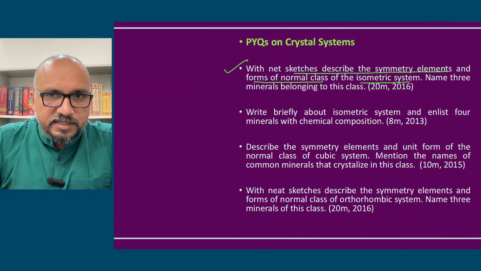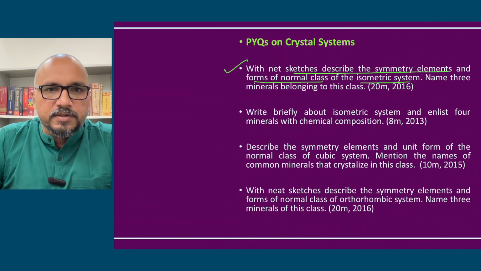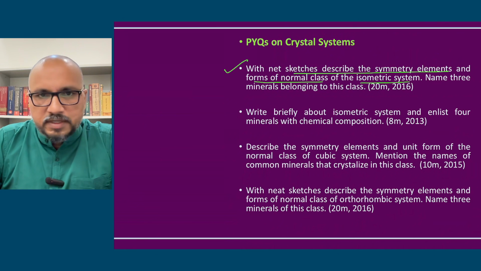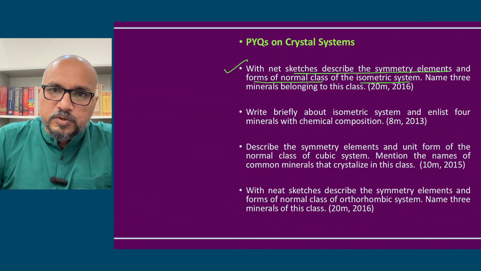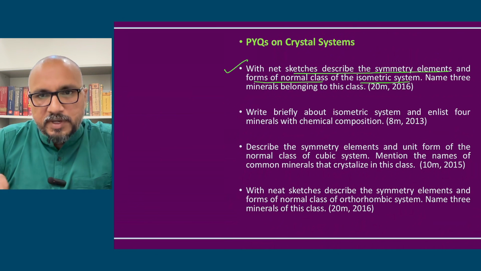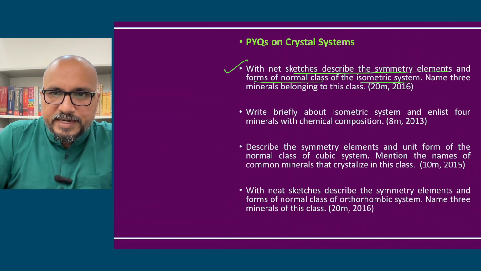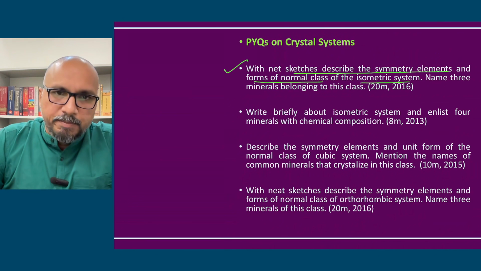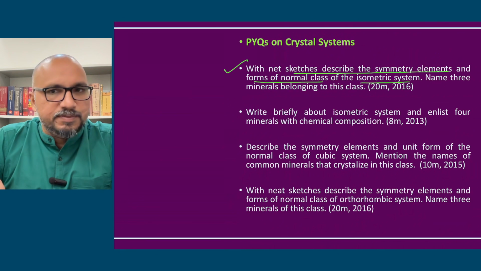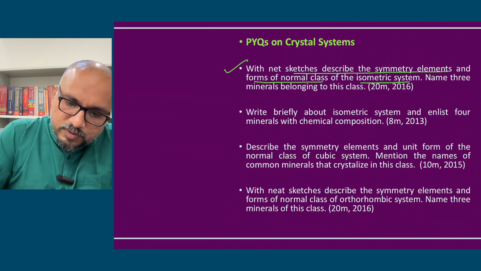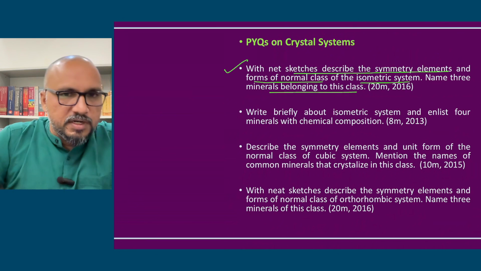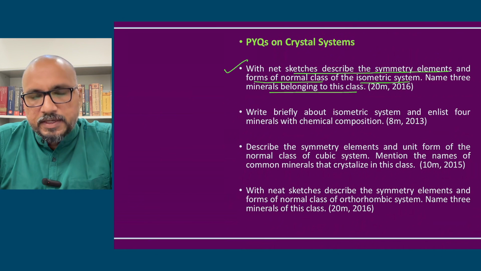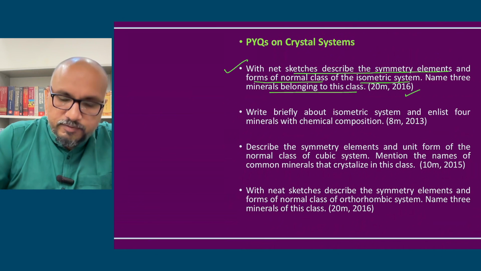So you have isometric system, like that you have tetragonal, hexagonal, orthorhombic, triclinic, monoclinic, etc. They will be asking you to write the symmetry elements and forms of normal class of isometric system, and also you have to name a few minerals that crystallize under this particular system. So name three minerals belonging to this particular class. This was given for 20 marks.